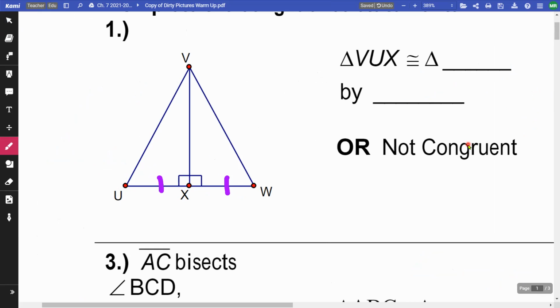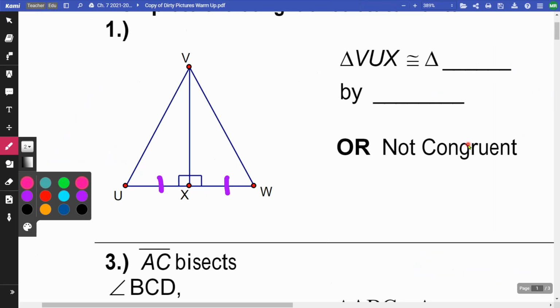So we know that these two triangles have two sides that are the same. You might also notice that this is in both triangles. It's in the one on the left and the one on the right. So we know that that's congruent to itself. And again, just a little reminder, the name of that is reflexive.